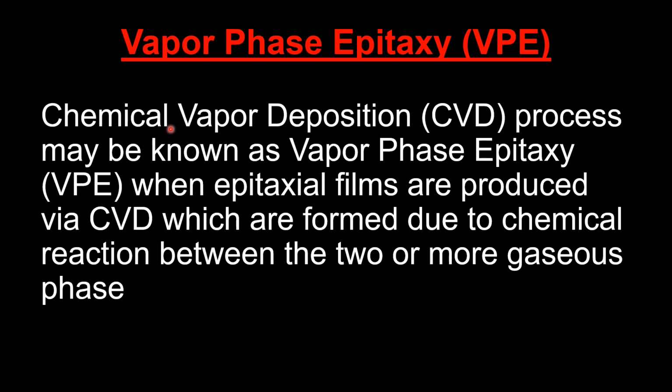Students, please note that the chemical vapor deposition process is also known as vapor phase epitaxy. So the chemical vapor deposition process may be known as vapor phase epitaxy when epitaxial films are produced via CVD, which are formed due to a chemical reaction between two or more gaseous phases.